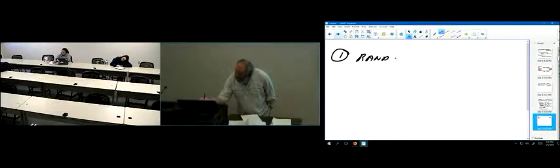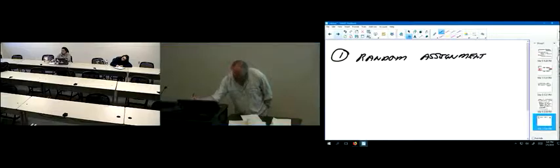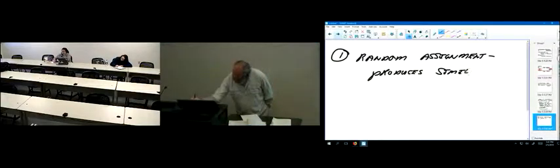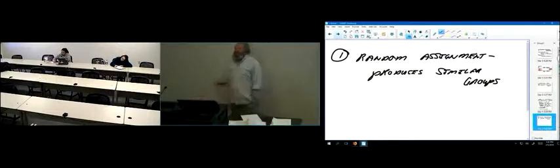You know, the randomization. And what that does for us is it produces similar groups, treatment groups. The lurking variables are working on all your groups in this randomized assignment.